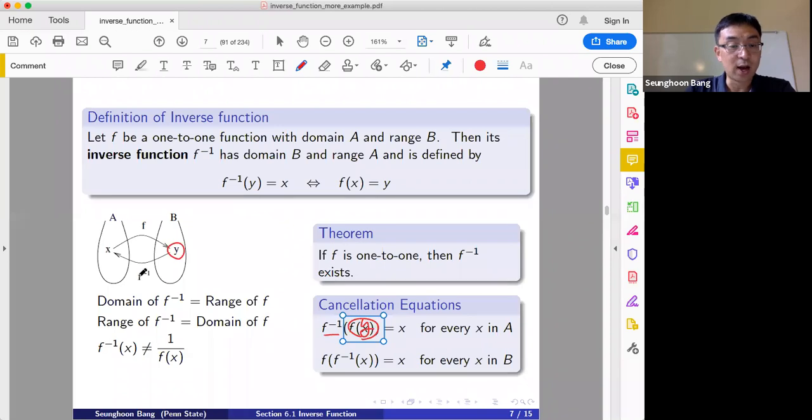What's the inverse of y? Going backward again, going to x. x goes to y, then goes back to x again, exactly x. That's the whole idea. Similarly, f of the inverse of x is exactly x. This always cancels. We call these the cancellation equations.